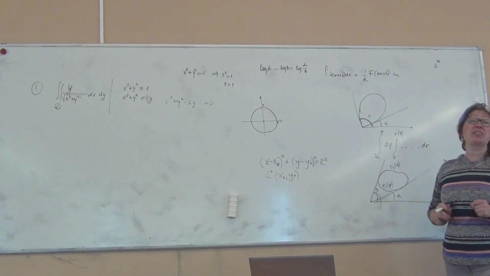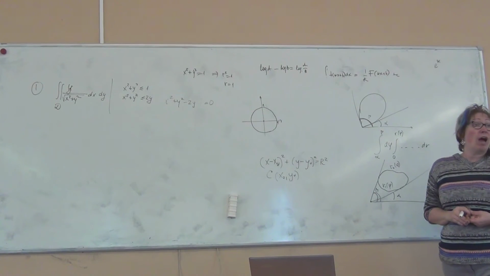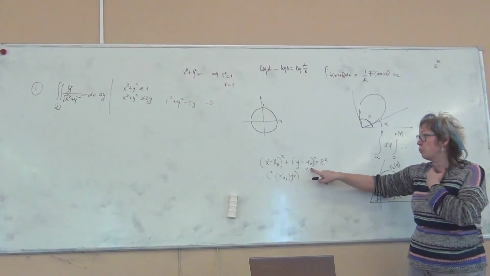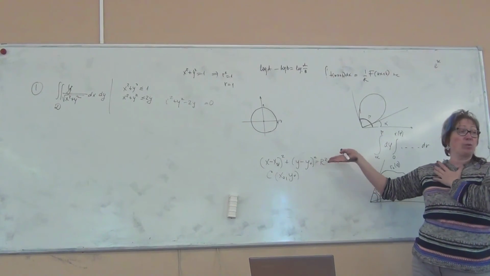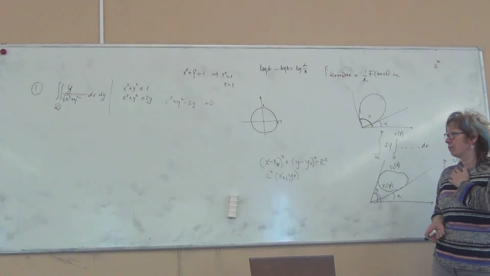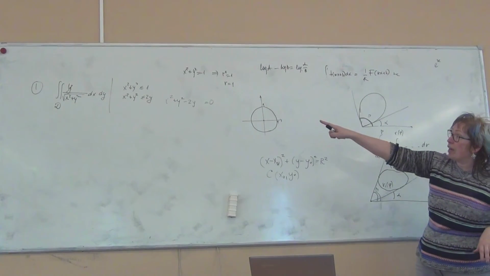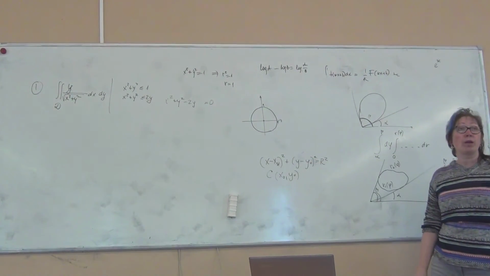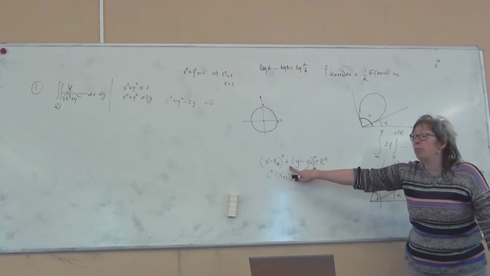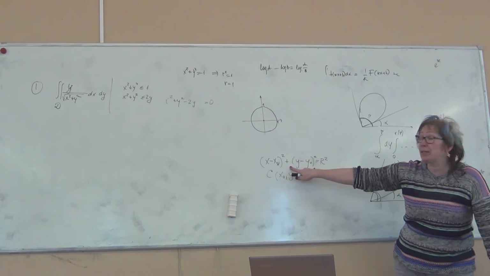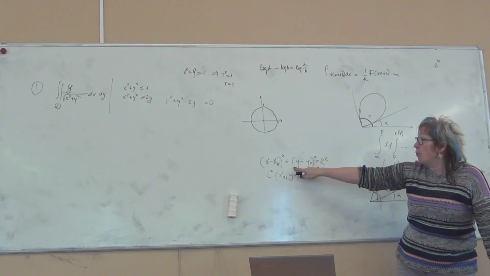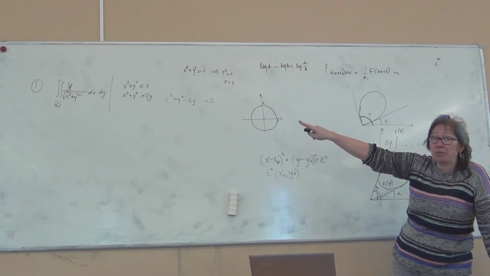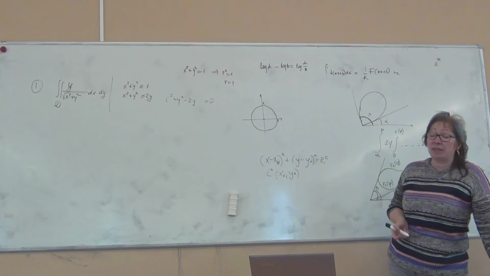So for example, if the center is at the point 3, 4, I would write x minus 3 squared plus y minus 4 squared equals whatever radius squared. So I look at this and I see that I can change that equation into this form. I simply need to complete a square. Obviously, it will contain y. There's nothing with x, so x squared will remain as it is.